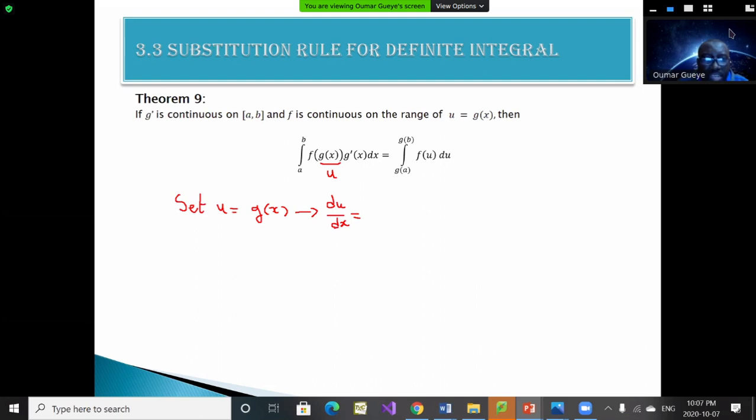At the same time, you have to differentiate the right-hand side, which is g'. And from here, you can get du. You isolate your du, and your du is going to be g'(x) times dx.